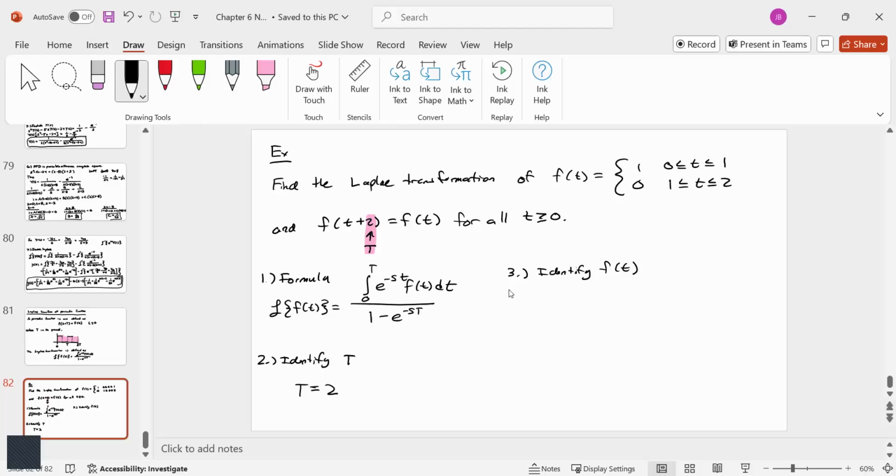In this case, we will need a step function. So the step function will be f of t is equal to 1 minus u of t, 1 plus 0 u of t minus 1.